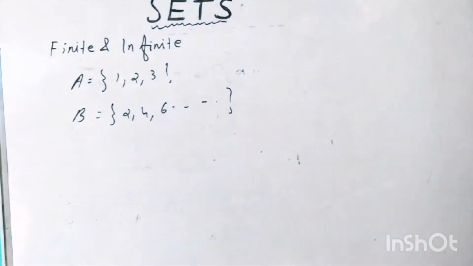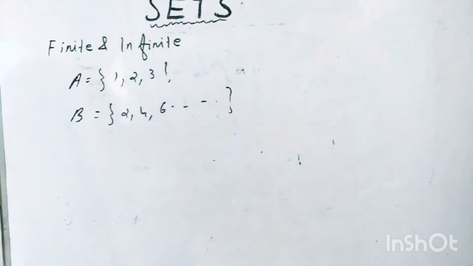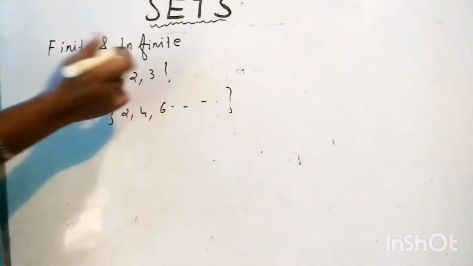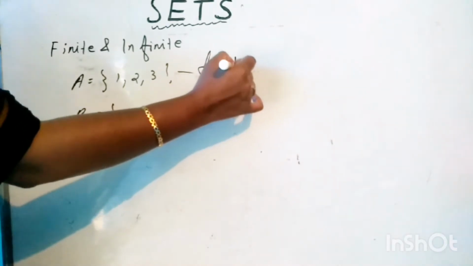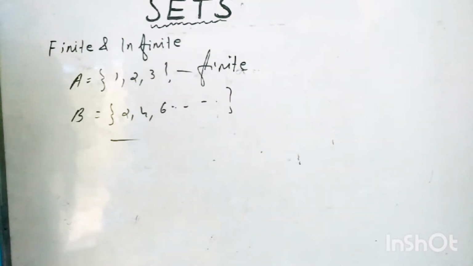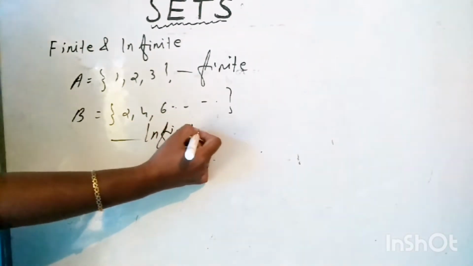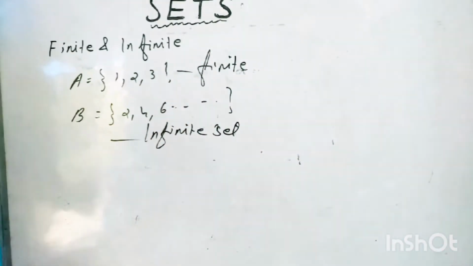Okay, this is the definition of finite and infinite set. Finite set means a set which is empty or consists of a definite number of elements is called a finite set. If your set has only a finite number of elements, a definite number of elements, then that set is called finite set. This is finite set. And the second one, we know etc. Okay, this means the set has infinitely many elements. So this is called infinite set. Okay.